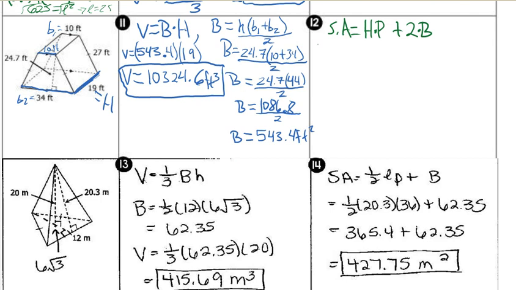We have surface area equals my height, big H, which is 19. Now I don't know my perimeter yet, so I'm just going to leave a little space there. It's the perimeter of the base. Just going to leave it as P for now.